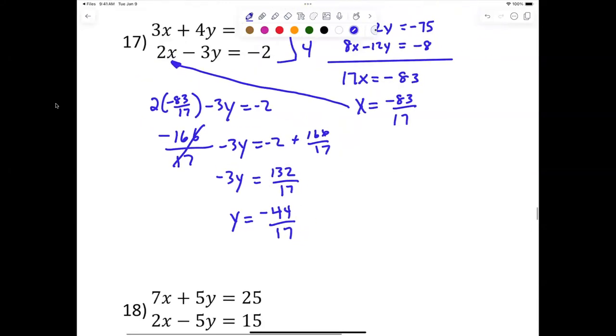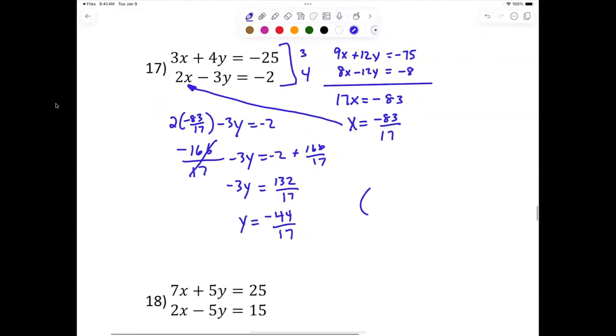Now that one I would not trust myself. I feel like I made a mistake. So now I turn to my what? My app, and I just double check myself on what the app says. All right, so let's double check ourselves on that app, please. Quickly. Apps, number 2. Next. And type it in: 3, 4, negative 25, 2, negative 3, negative 2.